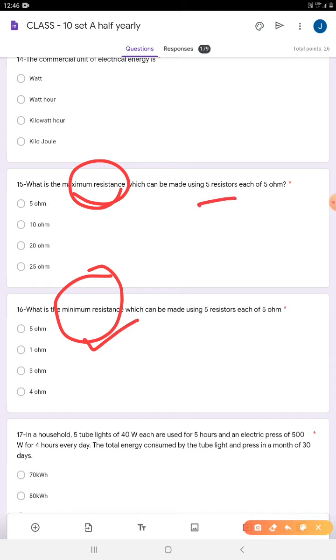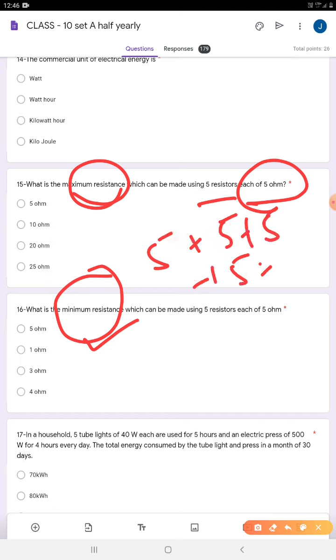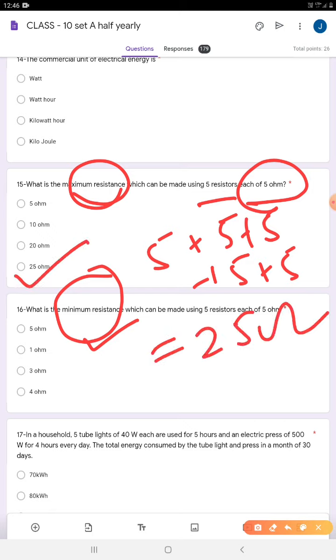So there are 5 resistors and each has 5 ohm. For finding maximum resistance, we will add all in series combination. 5 plus 5 plus 5 plus 5 plus 5, it will be 25 ohm. So the answer of this question should be 25 ohm.